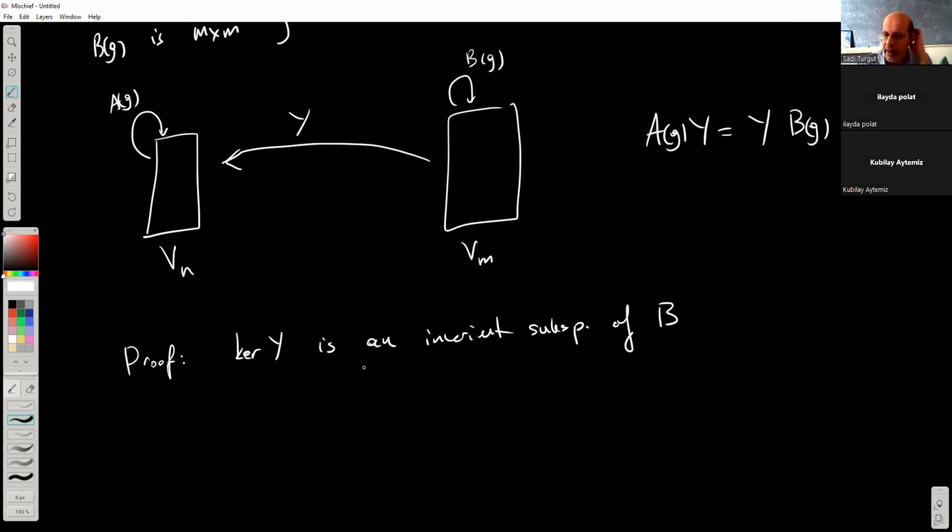In each case it means something else. I'm not going to show this to you, but you can easily show that. The image of Y is a subspace in here, so basically all vectors in that subspace map to vectors in here. Show that this is also an invariant subspace of A.